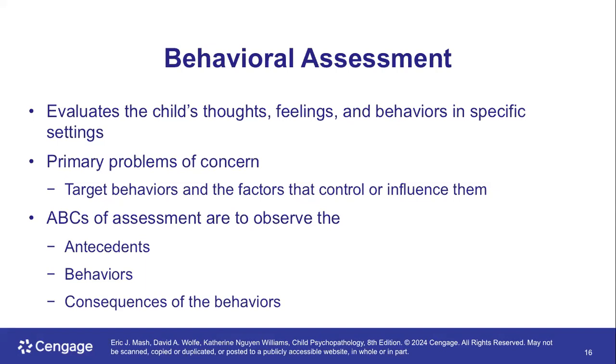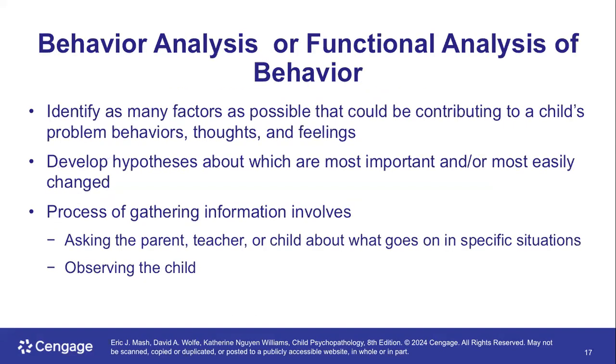And through these three patterns, antecedent, behavior, consequence, we can have a good understanding of what the problem area is, or the primary problems of concern, and then we can develop what's called a behavioral plan to engage in some modification of the behavior.